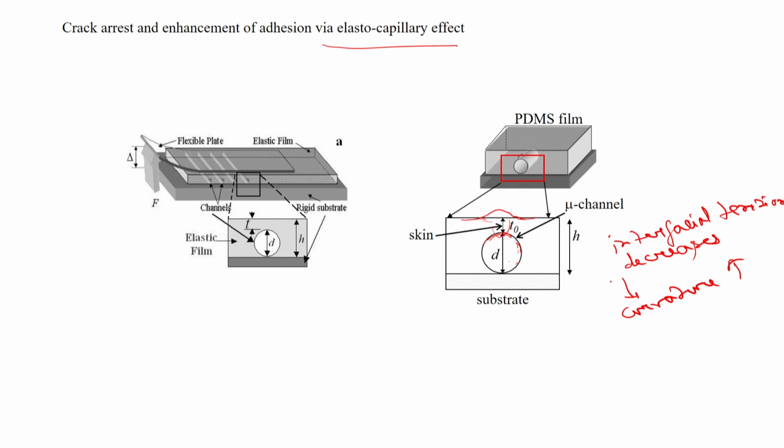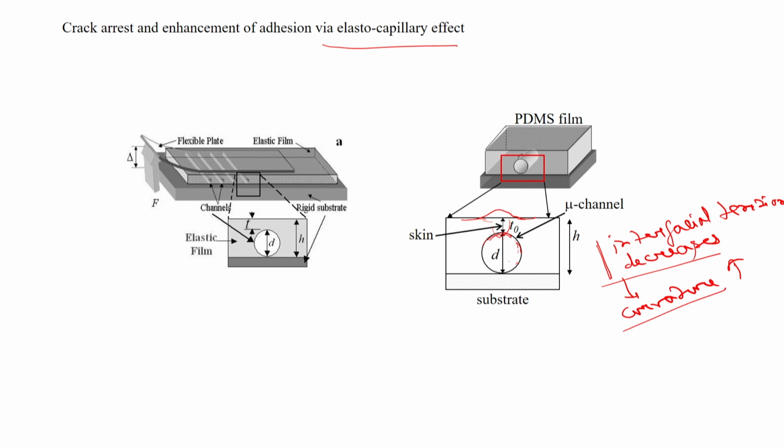When the reverse happens, when the interfacial tension increases because the liquid and this solid don't like each other, as I have shown you previously, the interfacial tension will increase. If they like each other, then the interfacial tension will decrease. So when the interfacial tension decreases, curvature can increase.